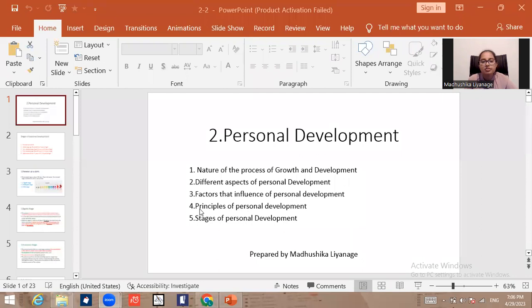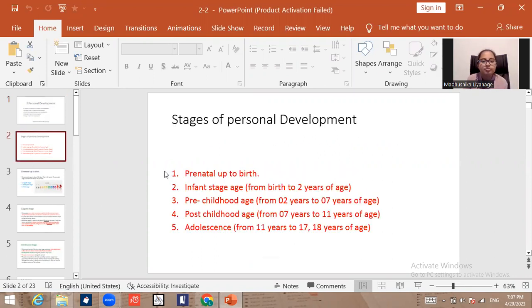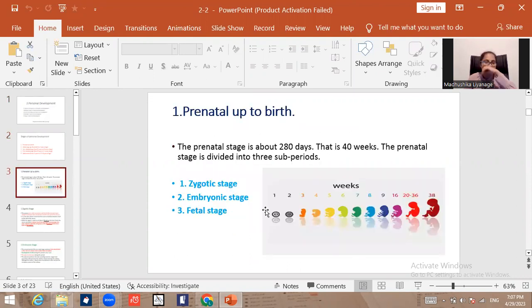So here, factors that influence personal development we also discussed, and principles of personal development and stages of personal development. And we have discussed prenatal up to birth, right? So that means about 280 days or 40 weeks, right?